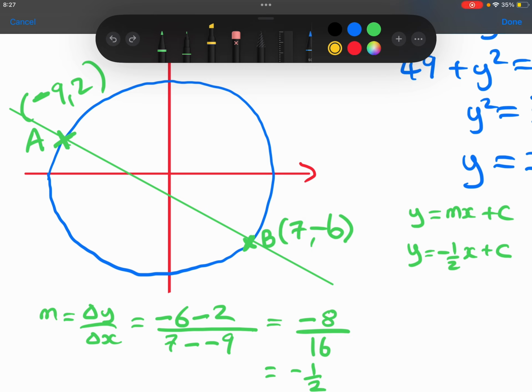So I know that the y coordinate is minus 6 when the x coordinate is 7. So minus 6 is equal to minus 1/2 times 7, which is minus 3.5 or minus 7 over 2. I'll add 7 over 2 to both sides.